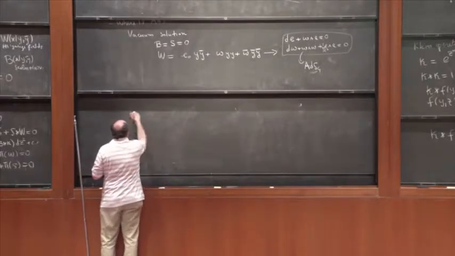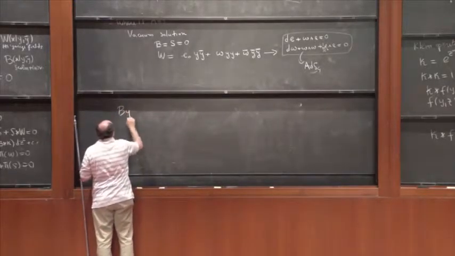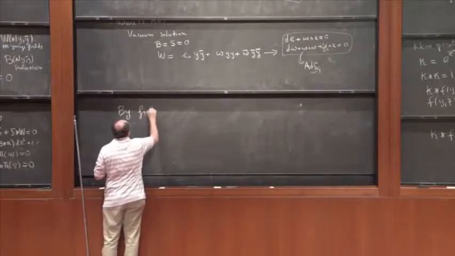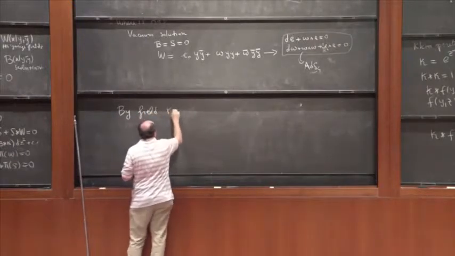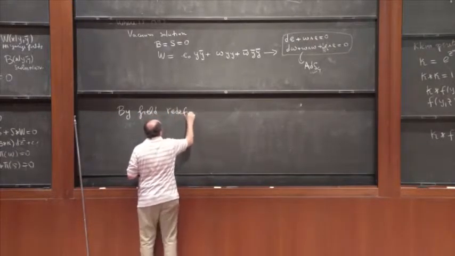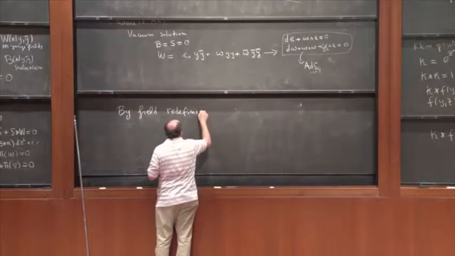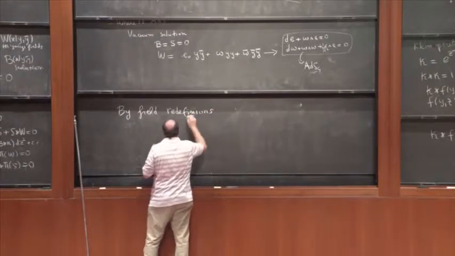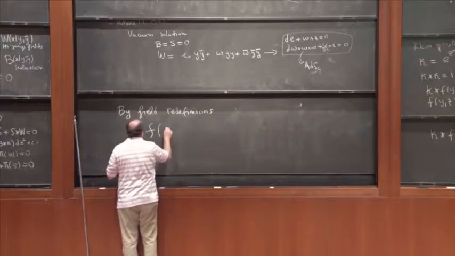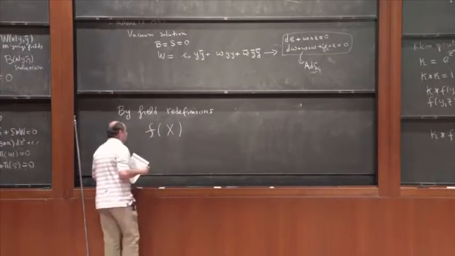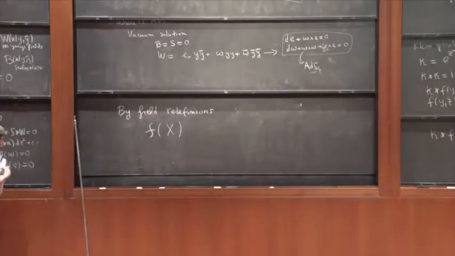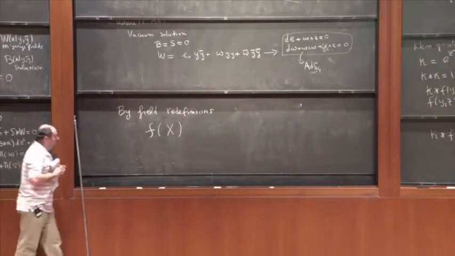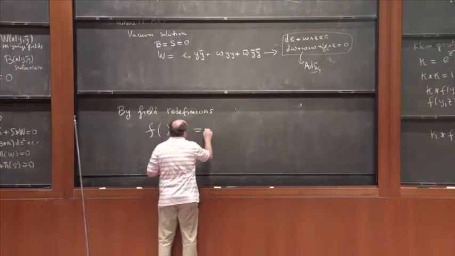I will not go through the argument, but let me just say that by field redefinitions, you can somewhat restrict this f. Now, by this x, I just mean the argument of f, which is v star kappa. You can restrict it to be of this form.